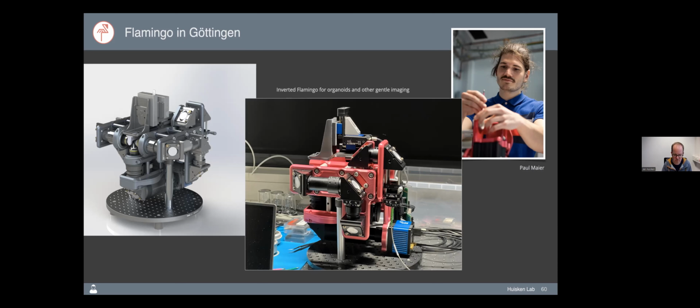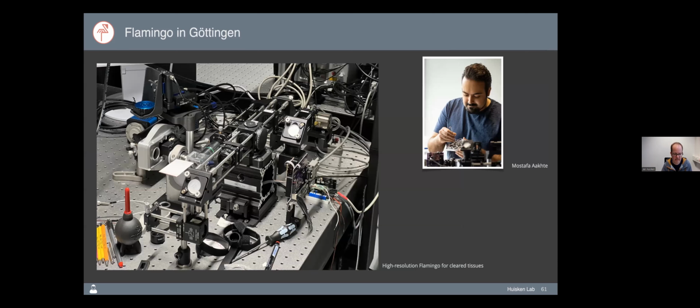And this is now a new configuration, which is an inverted T system to look at organoids in an FEP foil. And this is a system we are building for cleared tissues, which is also a Flamingo, just that it's built differently on an optical table because of the potentially toxic solutions in these chambers.